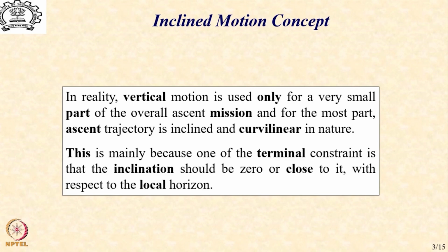Of course, at this point it is worth noting that this is mainly due to one of the terminal constraints that is imposed by the spacecraft mission, that the inclination with respect to the local horizon should be zero or close to it, which requires that a vehicle which is moving along a radial line, by the time it completes the mission, should be moving along a local tangent.